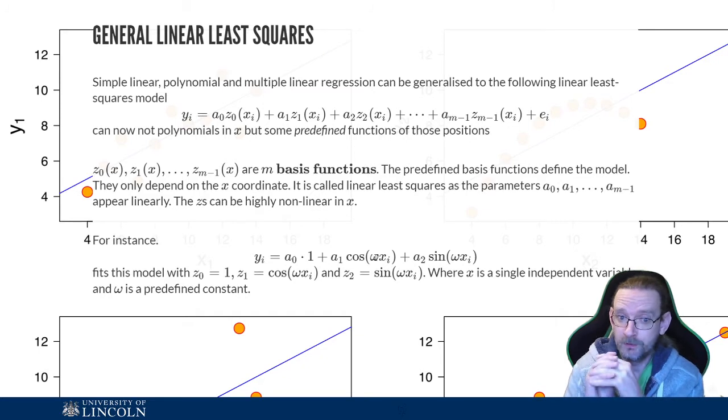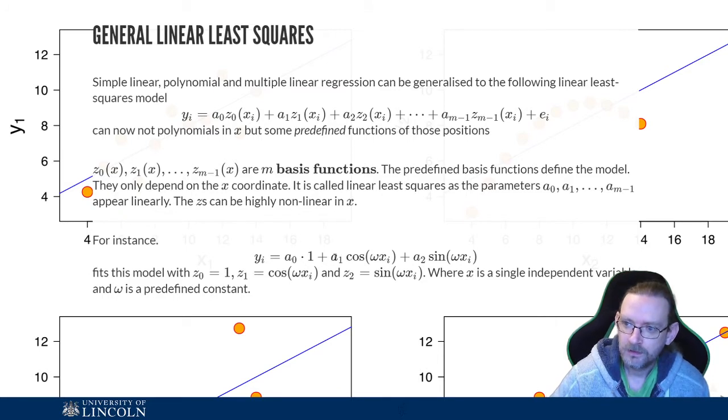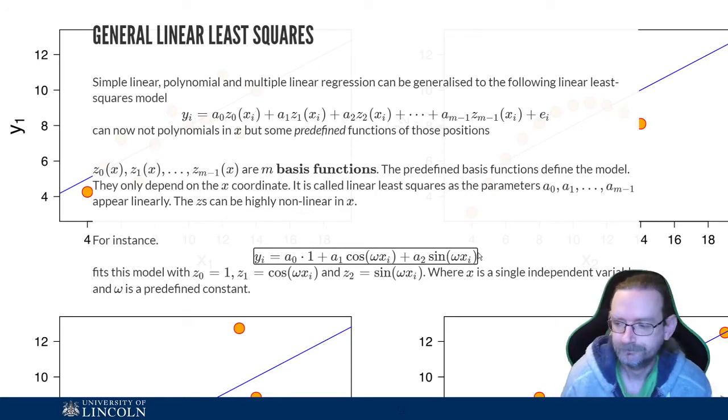But we're not going to optimize that parameter, because optimizing that parameter would be non-linear. It would be a non-linear problem. But the value depends only linearly on this parameter here, this a1, which is what we're going to optimize. We'd have to pick this omega up front, so we could ignore that for now. So the cosine of this and the sine of this, that will give us one model.